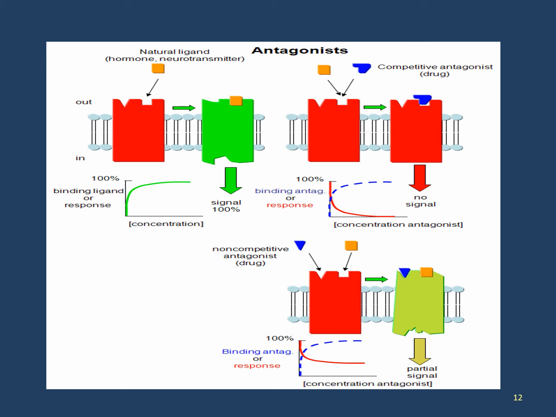Like, for instance, and maybe I'm getting ahead of myself here. Nope, this is the end of this discussion, so I'm just going to give you one example here. Opioids. If somebody overdoses on opioids, we give them naloxone. Naloxone is a competitive antagonist. It completely displaces morphine or Dilaudid or whatever. It completely kicks off the agonist.